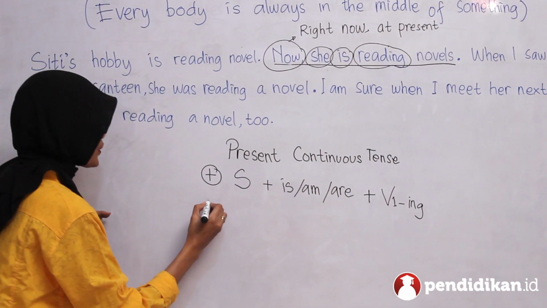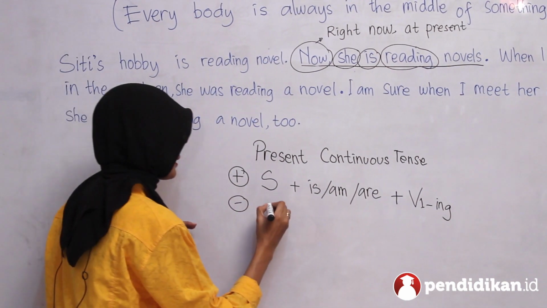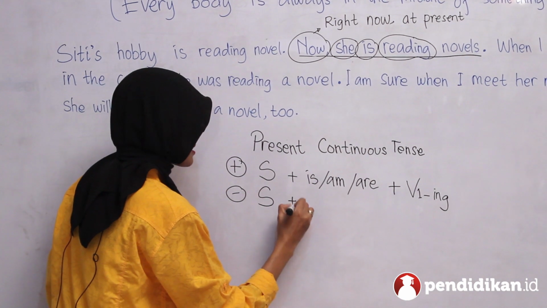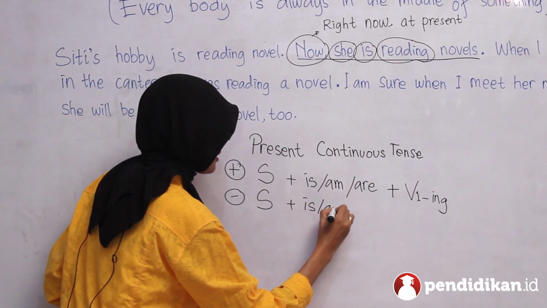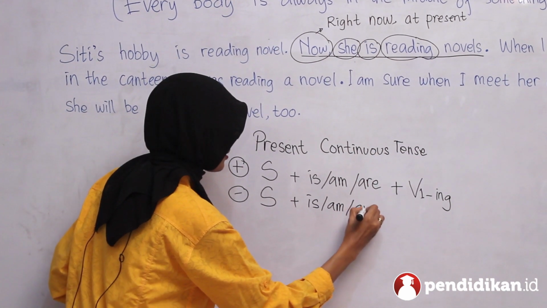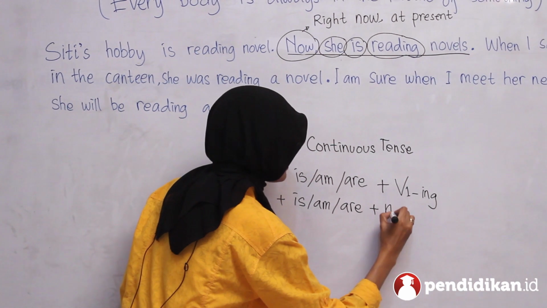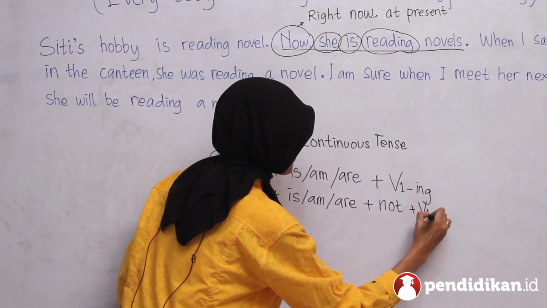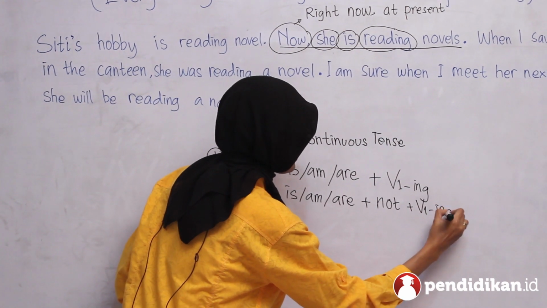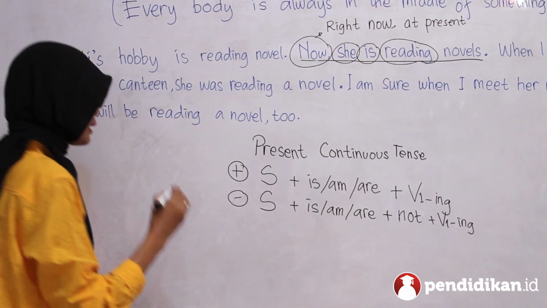Okay, to make the negative sentence is subject plus is, are plus not plus verb 1 ing or present participle.